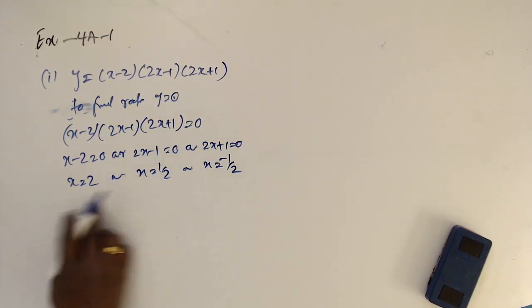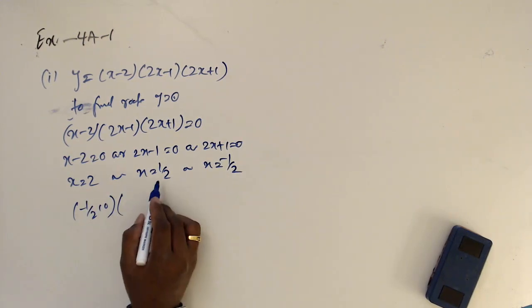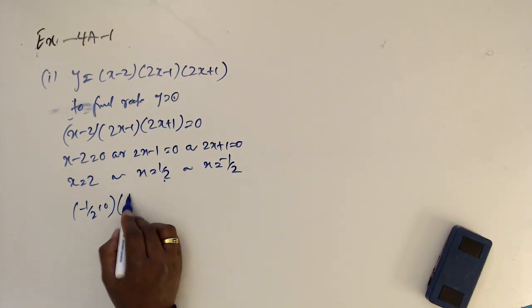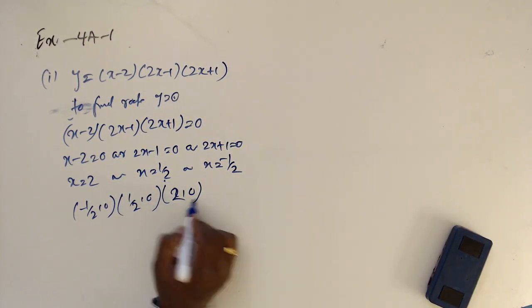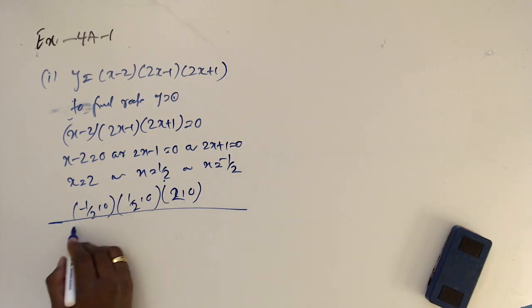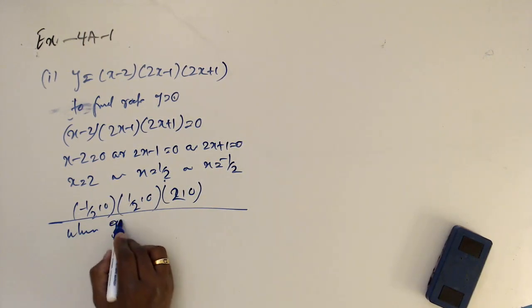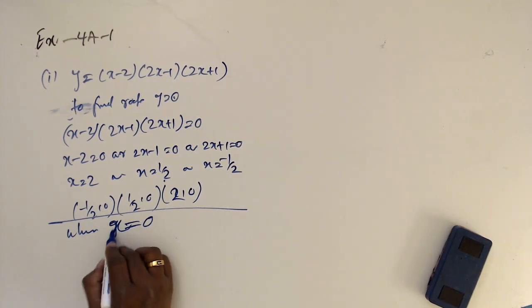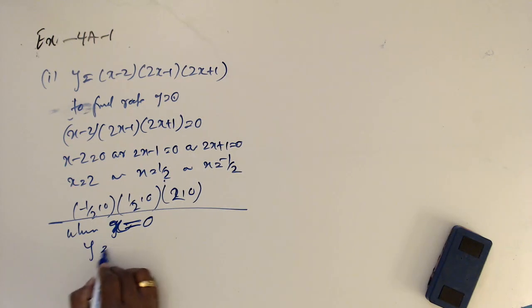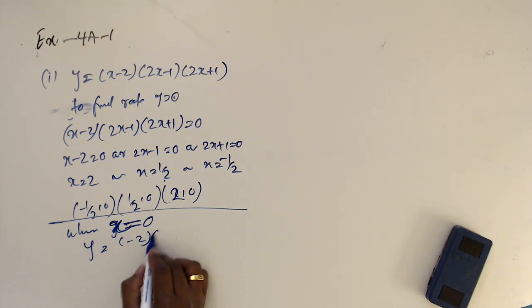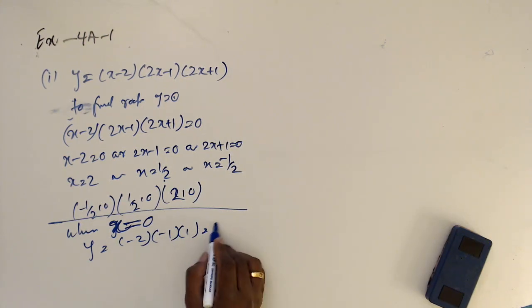So minus half is smaller, so minus half, 0, then half, 0, then 2, 0. Then when x equals 0, y is minus 2 times minus 1 times 1, which is 2.